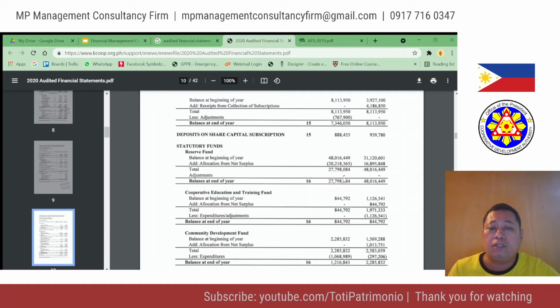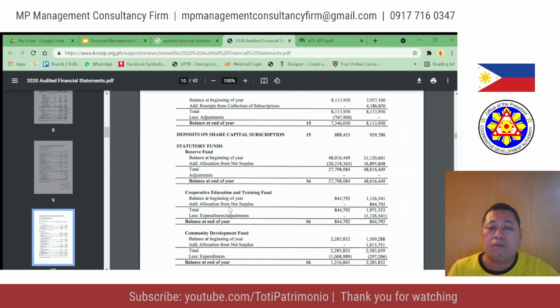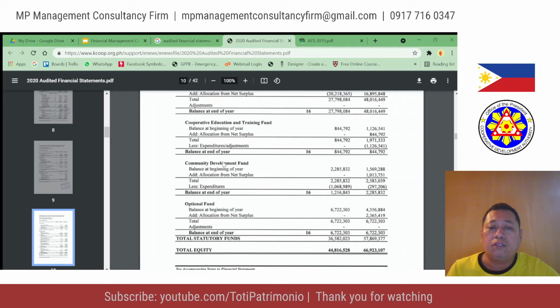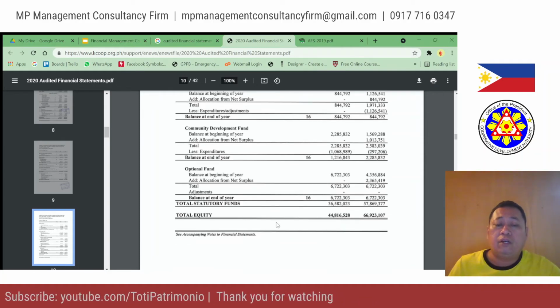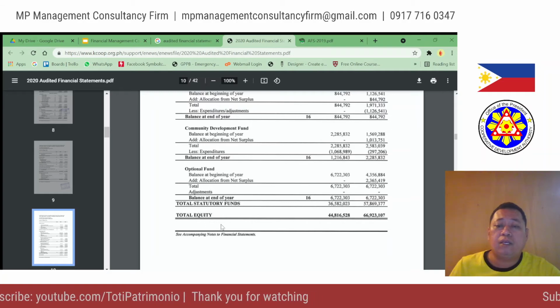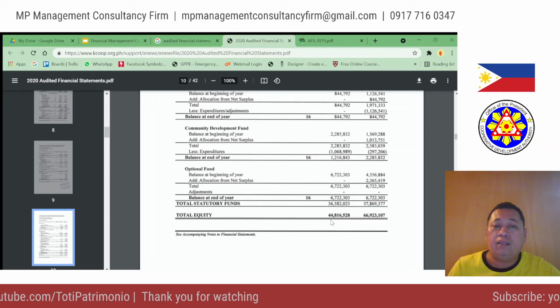But for the net surplus, there are no adjustments. In the CETF, it is also the same from the allocation, the CDF, allocation from the net surplus, and the optional fund, still from the allocation. So these are the changes in equity that eventually lead to the equity ending balance.